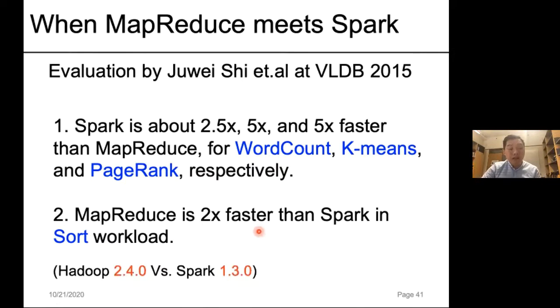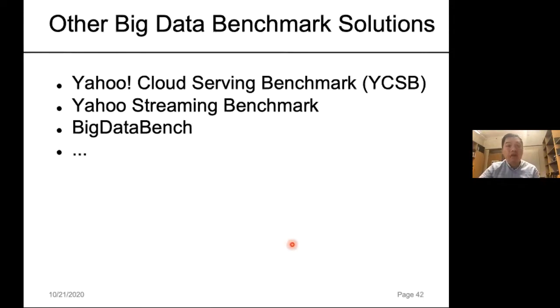However, they used Hadoop version 2.4 and Spark 1.3, and now these systems have evolved a lot. So these insights should be validated further.